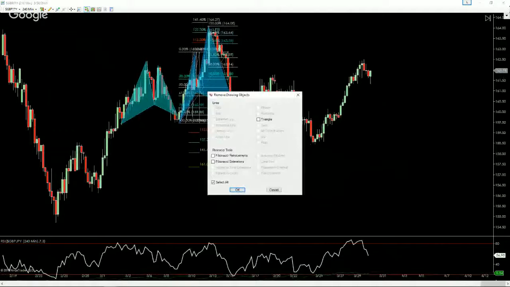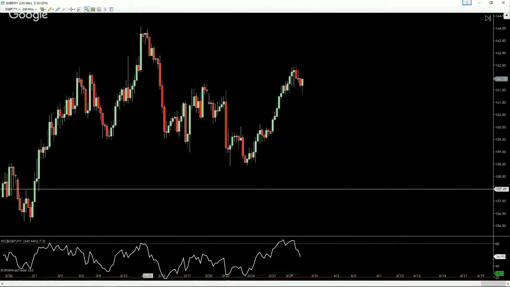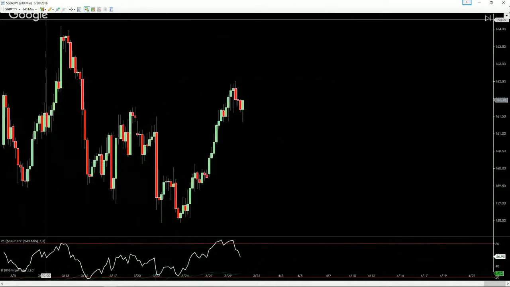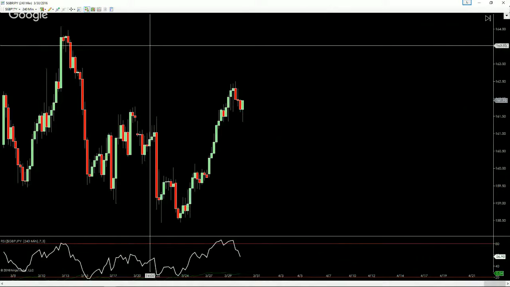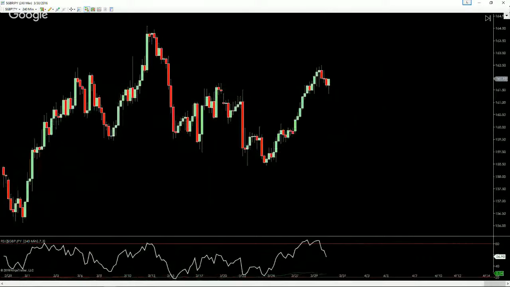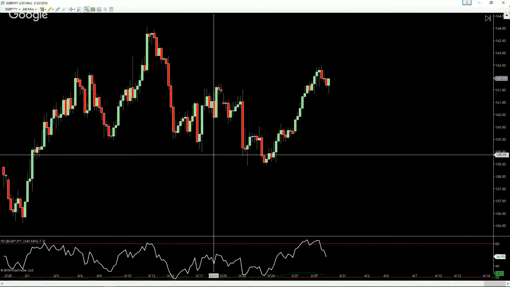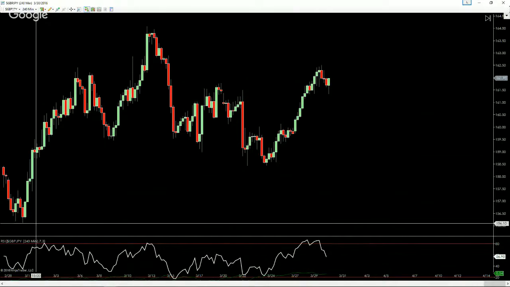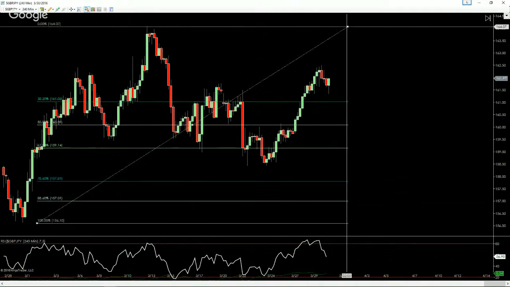Let's take that out. We did get a couple of those patterns that did complete, and we did hit targets on those ones for last week. So we'll see if we have anything right now, which we don't.